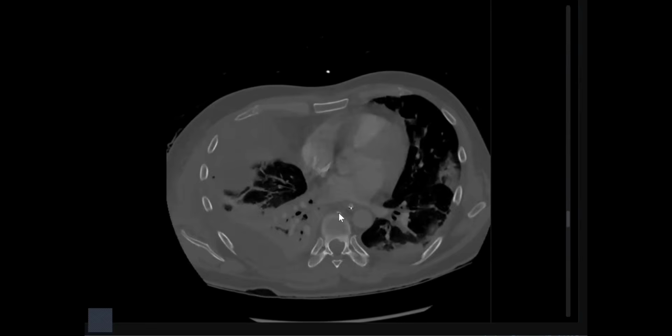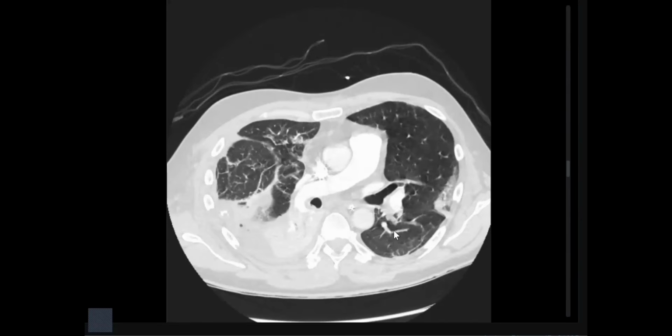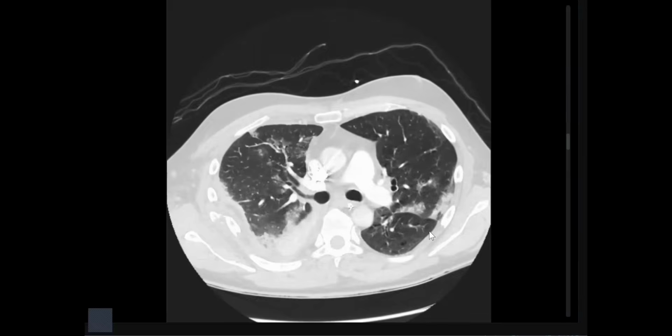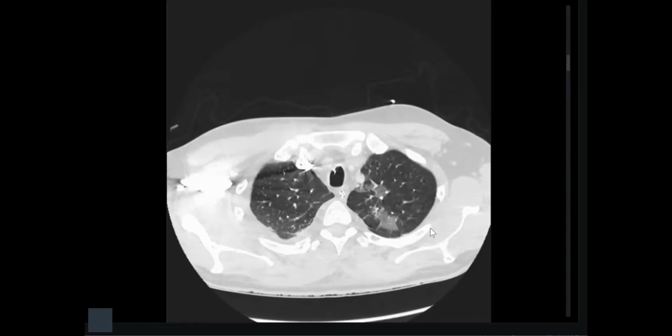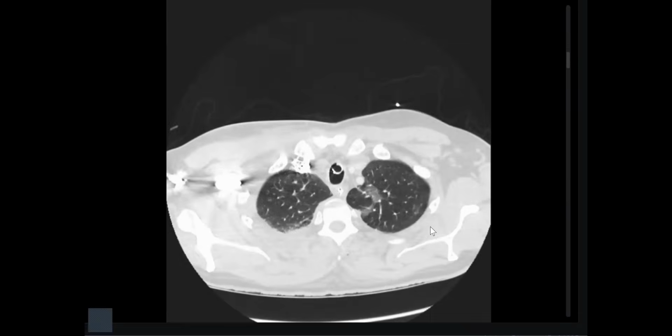When you ask for lung window, I'll give you lung window, but take care. Okay, you left the bone window. Obviously I missed something. No, continue. Here an endotracheal tube is seen.